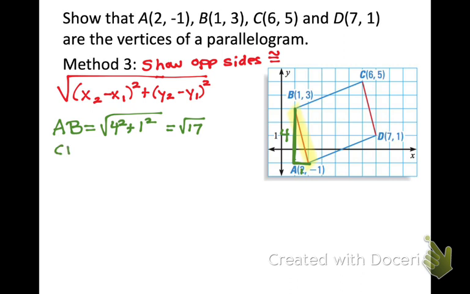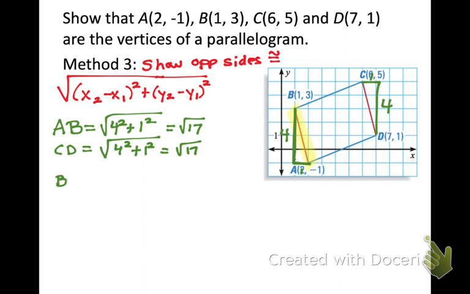If we do the same thing for CD, is that triangle going to have the same leg lengths? Yeah. It's still going to be 4 and 1. So really it's not too challenging because then I can just repeat this and cheat and just say it's the same. Most likely you're probably not going to have a problem that it's not a parallelogram. So now let's do it for BC.